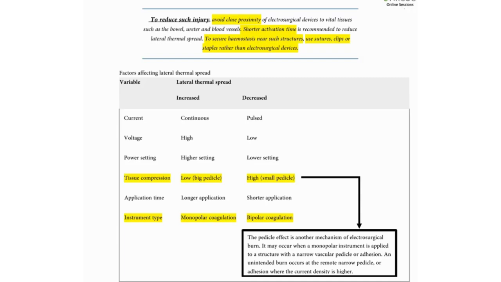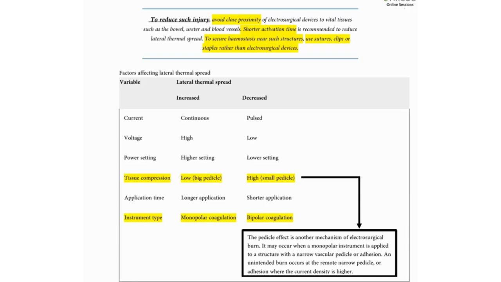Why? Because the area of the pedicle is small, so it makes the thermal energy go faster from it to a nearby organ or structure. But when the pedicle is big, it will make the lateral spread less.